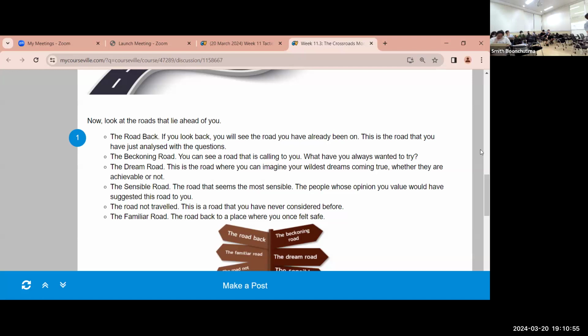Or you go to the dream road, which might look unrealistic for some people, but you take that road for your personal adventure.